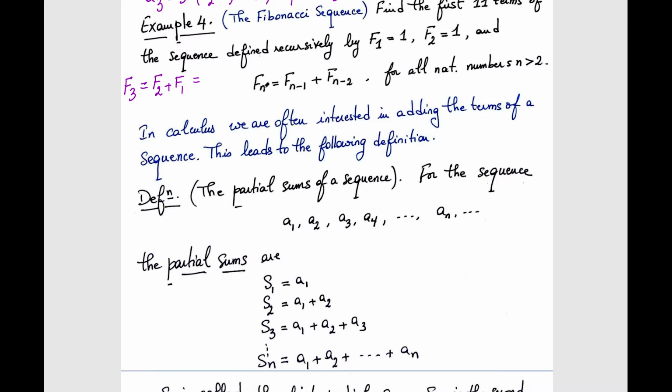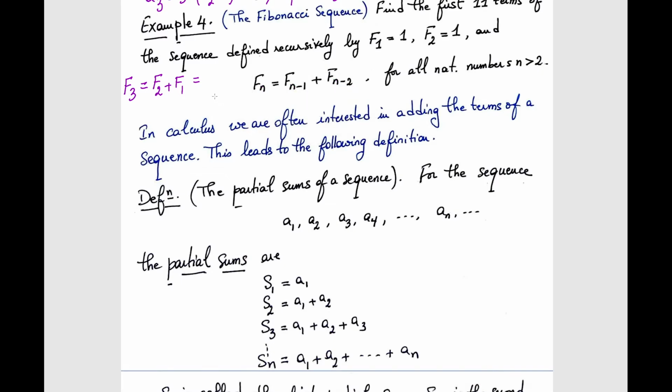Why? Because here I'm taking n to be 3. If n is 3, this becomes 2, so it becomes f2, right? And if n is 3, that becomes 1, so this becomes f sub 1. Make sense?